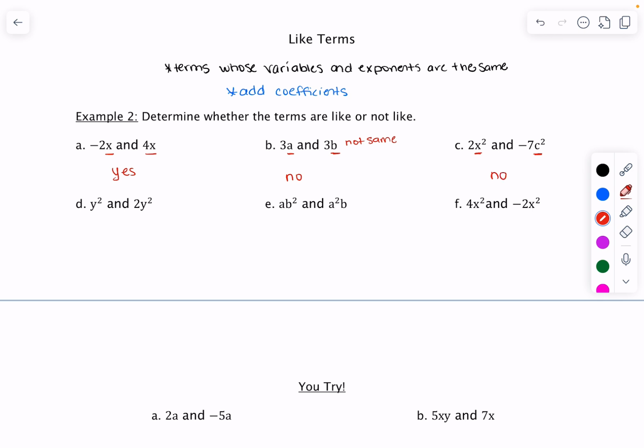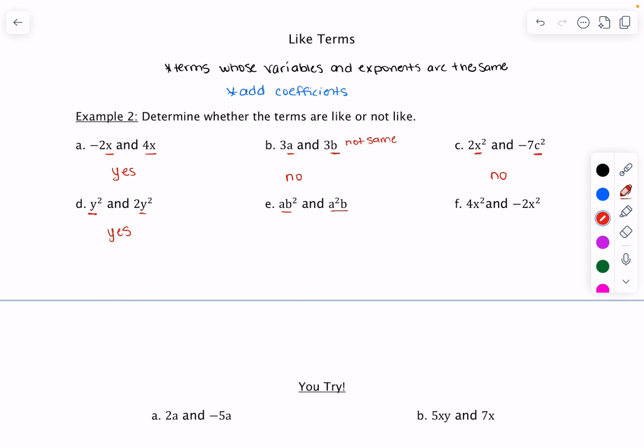Letter D, y squared and 2y squared. They both have a y, and they both have a squared, so that is a yes. It is okay if the coefficients are different. It doesn't matter if the coefficients are same, just that the variables and exponents are the same. E is a little tricky. E, I have an a and a b, and I also have an a and a b. But in this example, the a in the first one is not squared, but the a in the second one is.